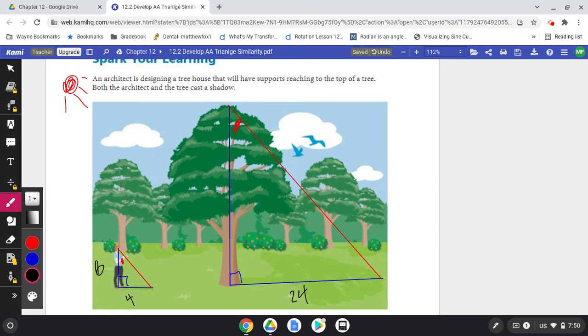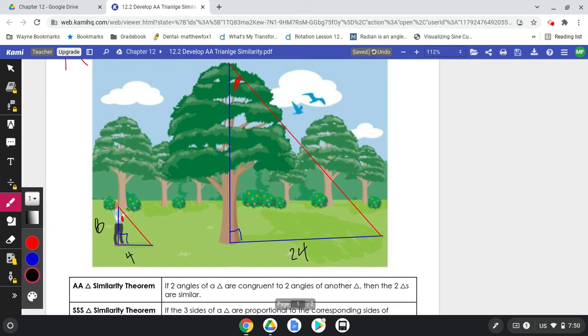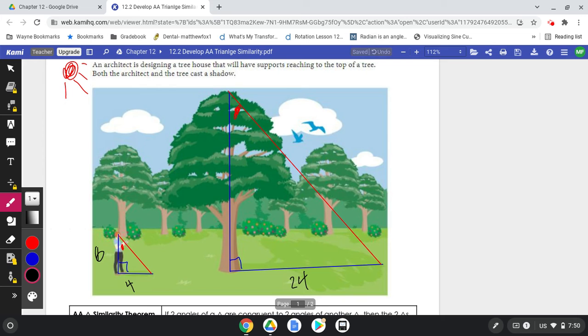Then we could find the height of that tree. All we would have to do is set up a proportion. So his is 6 over 4 equals, now I don't know the height of the tree, so I could put an x over 24. We could cross multiply, we'd get 4x equals 144.